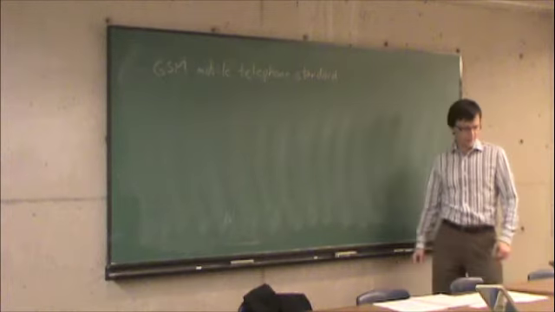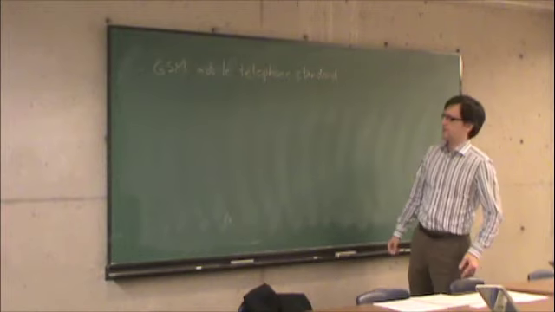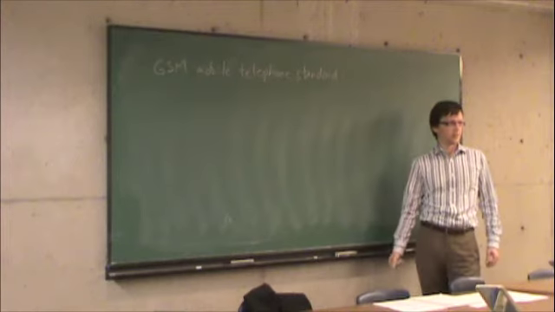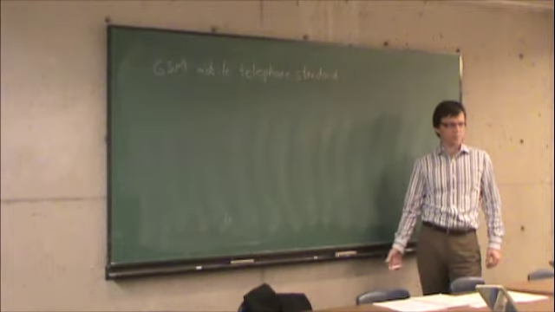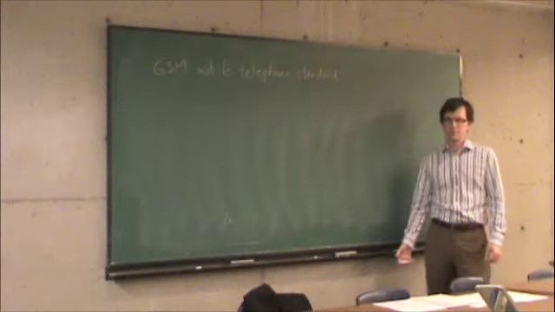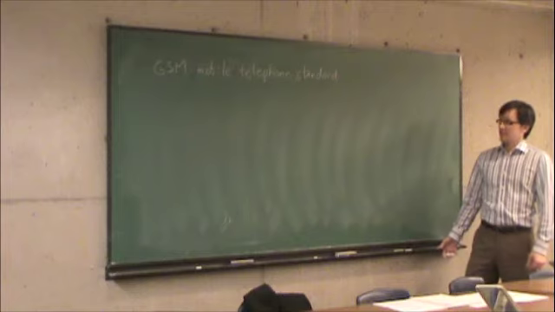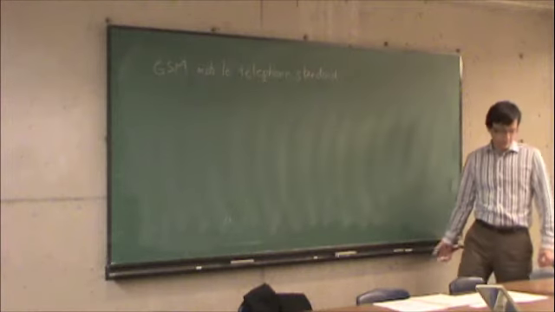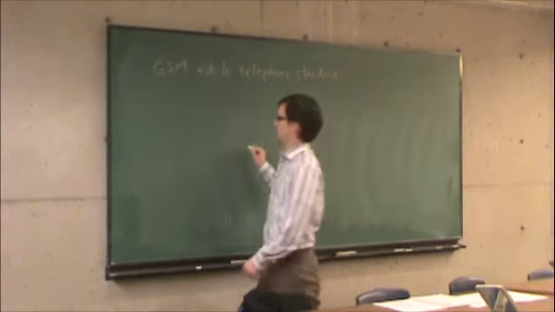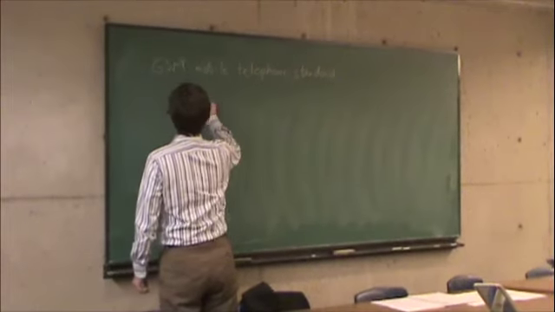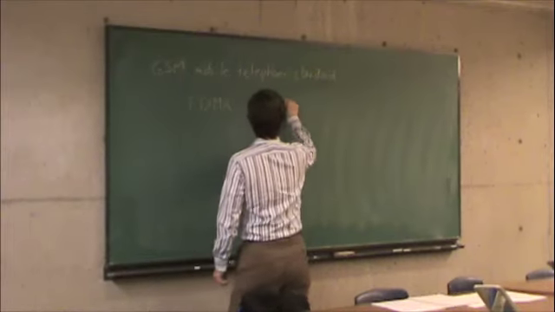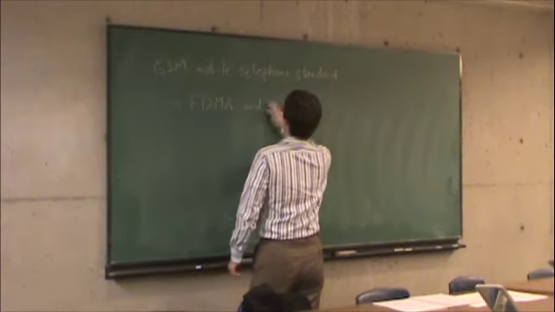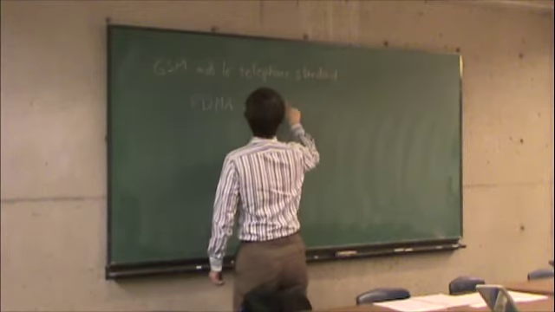I think GSM has really internationally won the day as far as standards are concerned, and I've heard that Telus and Bell are both converting to GSM as well. This is the most widely used mobile telephone standard in the world, and it uses both FDMA and TDMA.